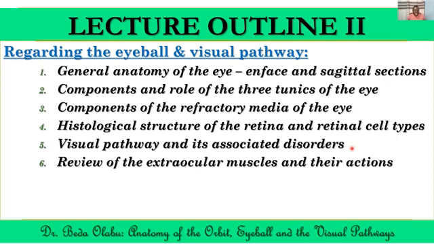The lecture also helps us review the actions of the extraocular muscles, which you've done very well, but importantly also tells us the lesions associated with these extraocular muscles when there is paralysis of one muscle because there is injury to one of the nerves. Then how does that affect vision, or rather the visual field?